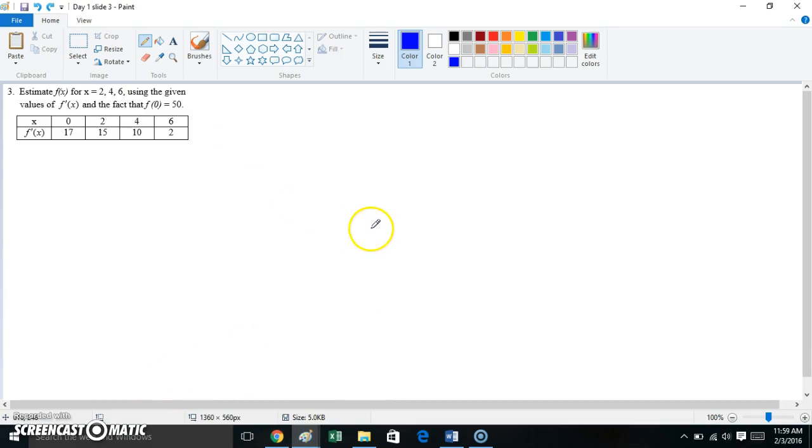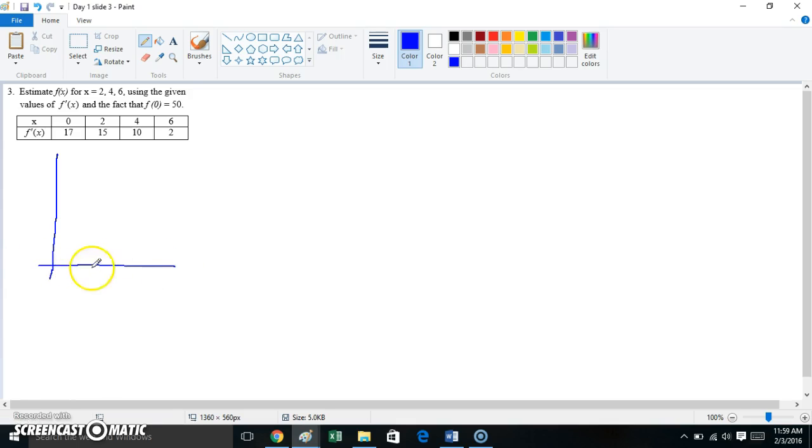example number 3, says estimate f of x for x equals 2, 4, and 6 when given values of f prime of x and the fact that f of 0 is 50. So I'm just going to start and visualize this.